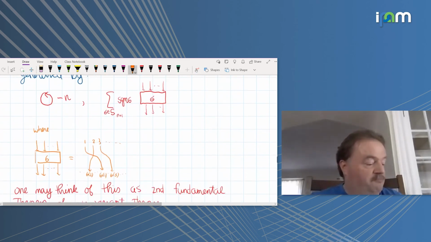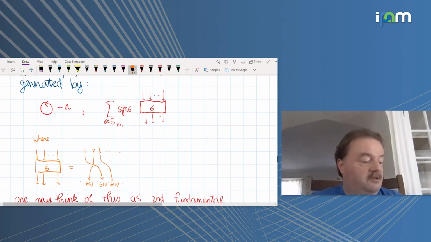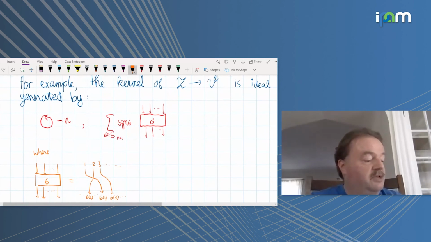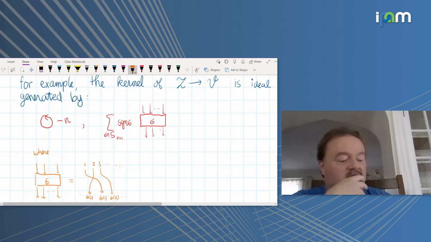For every permutation, I use an abbreviation: if sigma is a permutation, that's the tensor that sends 1 to sigma 1, 2 to sigma 2, etc. Then you can take the skew symmetrizer of size n plus 1, which you can think of as the projection on the n plus first exterior power of V. If V has dimension n, then that exterior power is equal to 0, and that's why you have this relation.